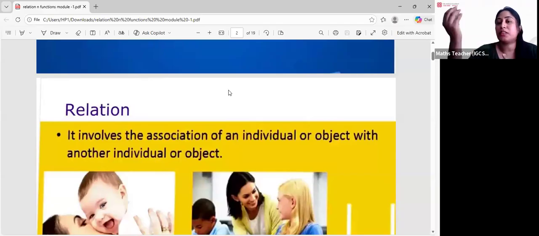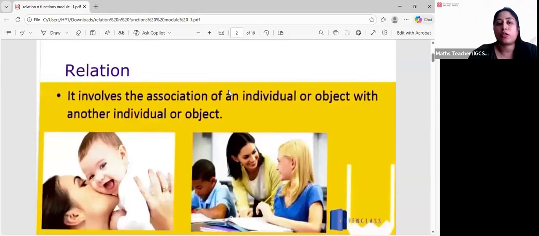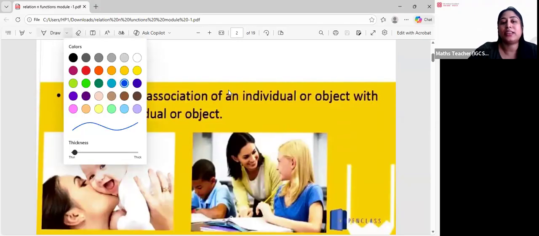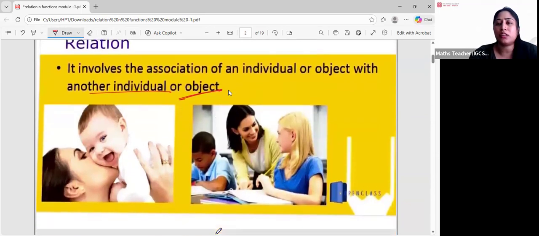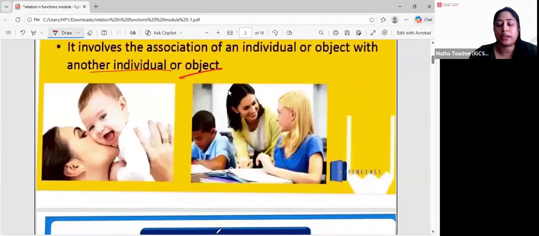That is the meaning of relation in general words.